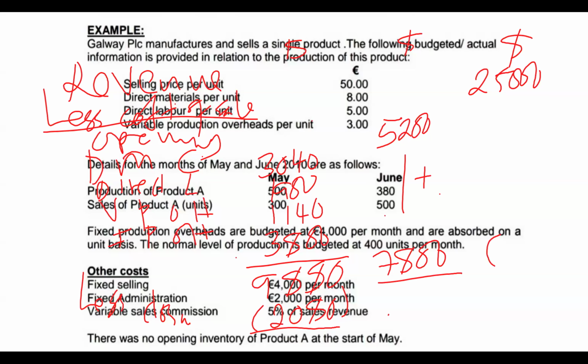So it is actually 13,000, negative 13,000. Now, negative 13,000 to this, we can deduct.